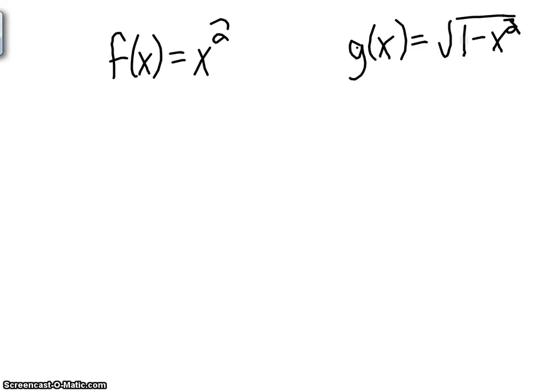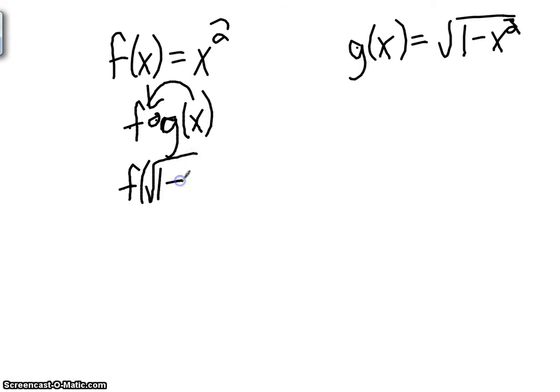Alright, we'll do one last example of just a regular composition. So this one, I want f composed of g to start. So g will be plugged into f. We've got f of the square root of 1 minus x squared. I plugged that into my equation.